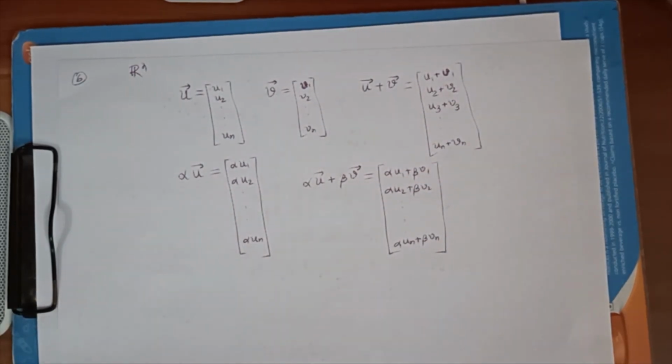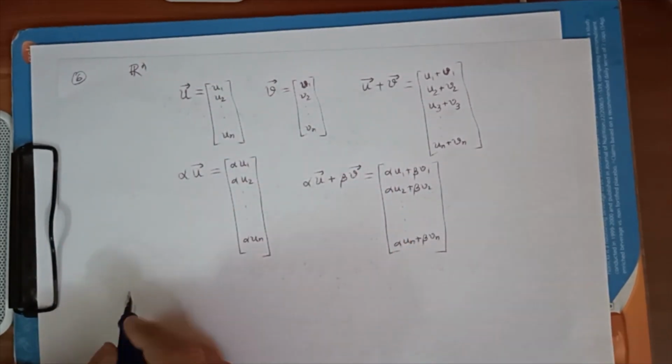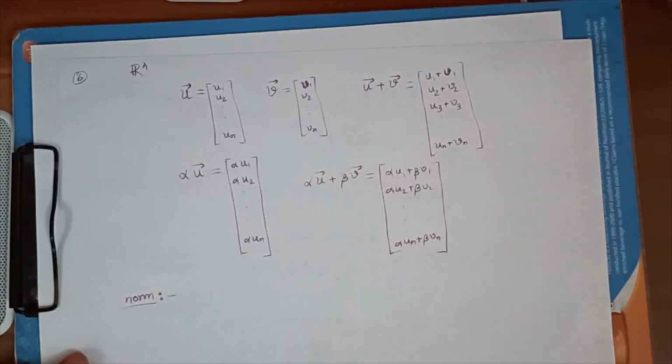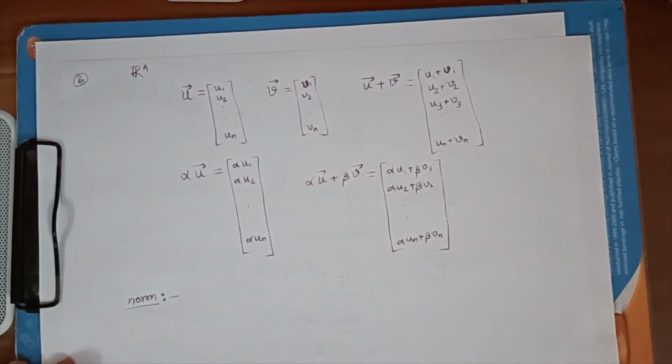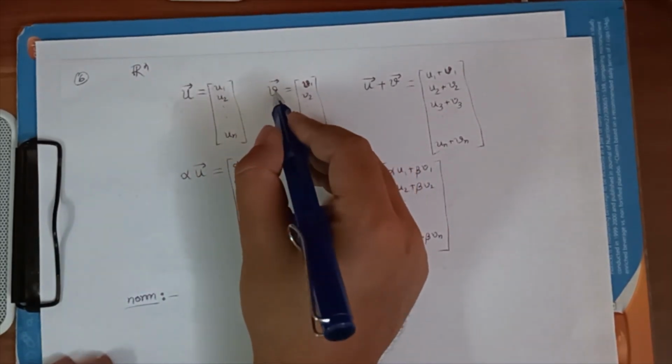If I ask you what will be the length of, say, v or u, the norm, if I want to compute the norm, again it is Pythagoras theorem but in n dimensions, and that still works, right? Even if you go from 2 to 3 dimensions, it works. You can go to n dimensions, it will similarly work.